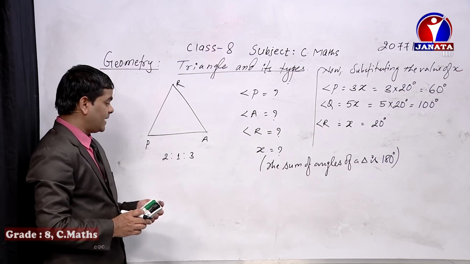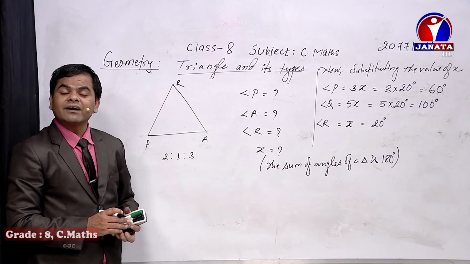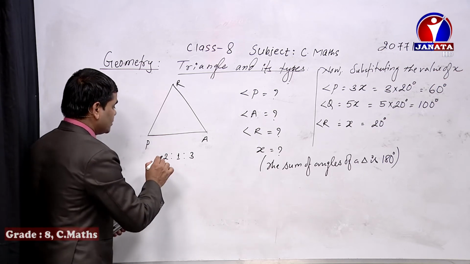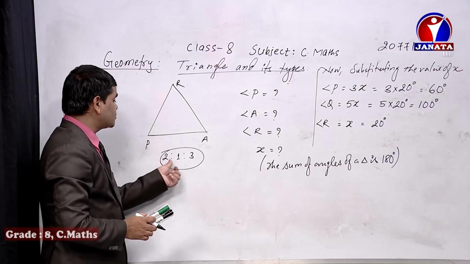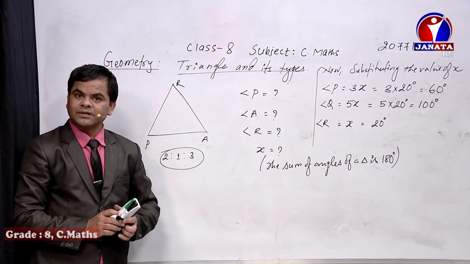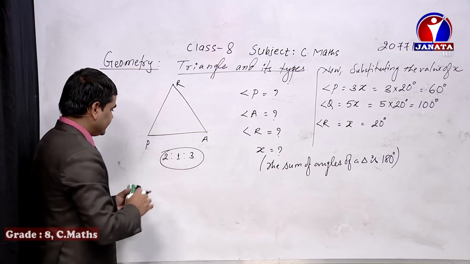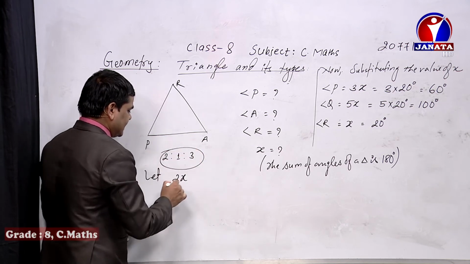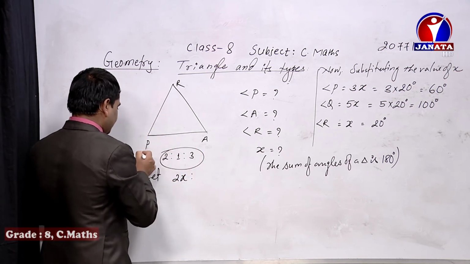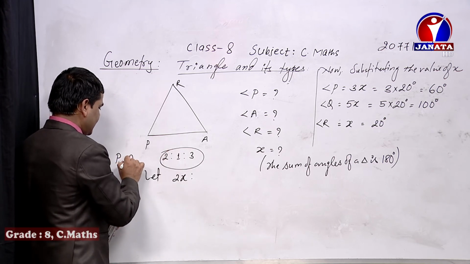If the question says to find these, then what we have to do is, if the ratio of the three angles of a triangle is given, suppose the ratio parts by keeping x to all three parts of the ratio: 2x, 1x, and 3x. That means the first angle will be 2x, and the second angle will be x.